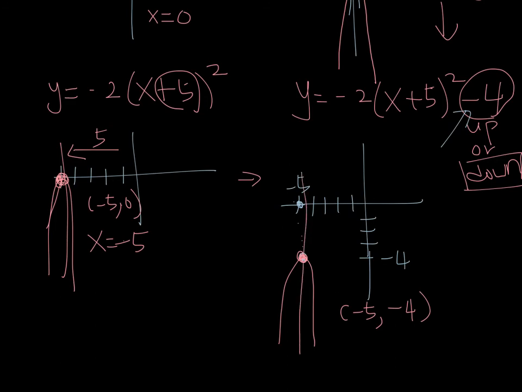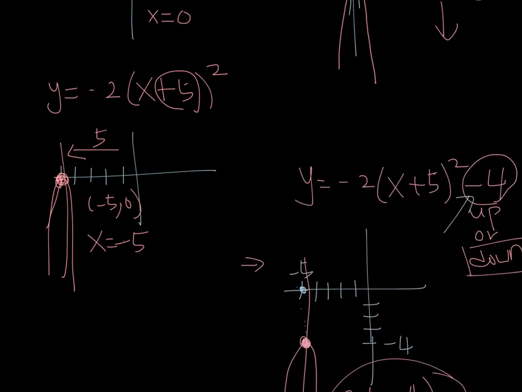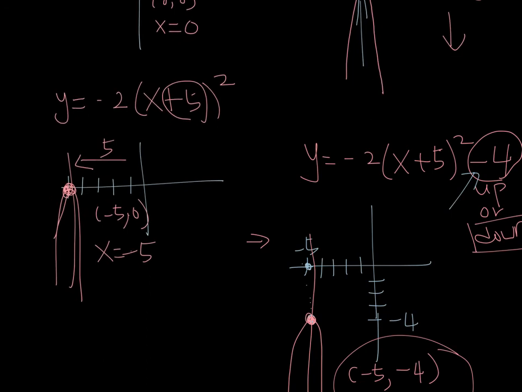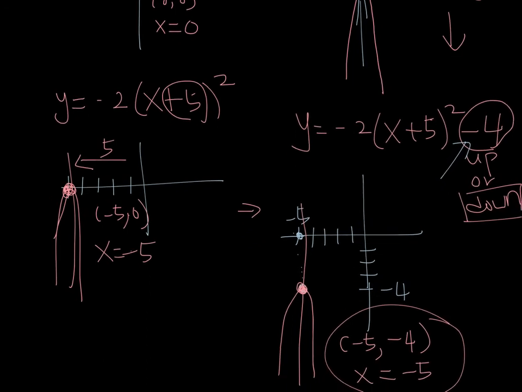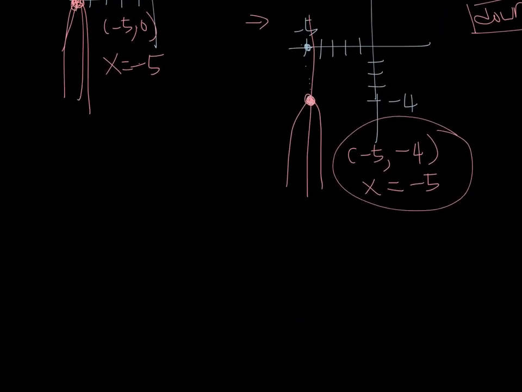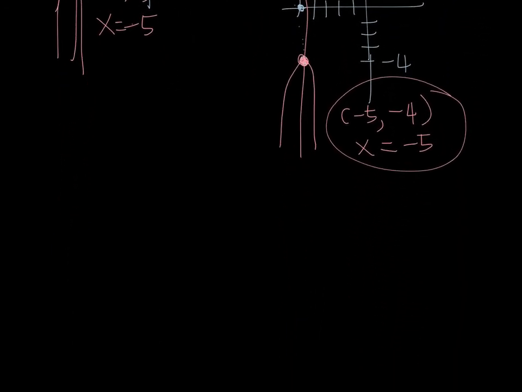And where is my axis of symmetry anyway? It's going to be x equals negative 5. And guess what? This is my answer, right? But on the test, of course, I want you to go ahead and draw everything that you already see over here. But also, in addition to that, I want you to go ahead and write the answer correctly.